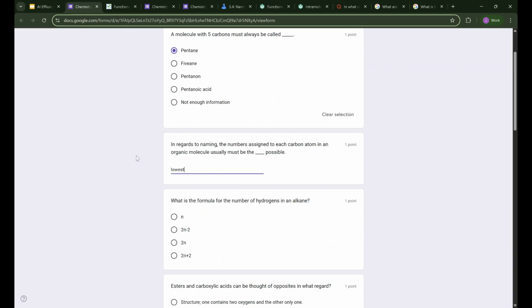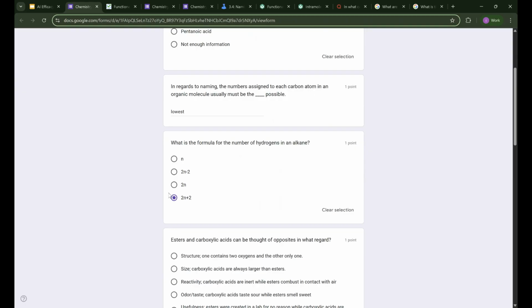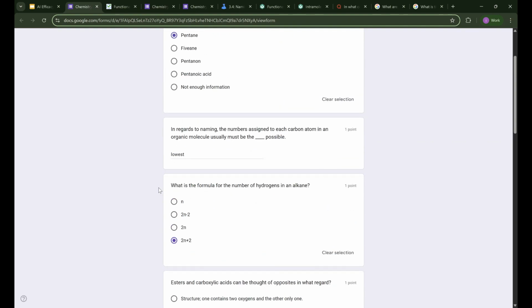The lowest. Yeah, because these have single bonds, and then the ends have two extra. I remember this.